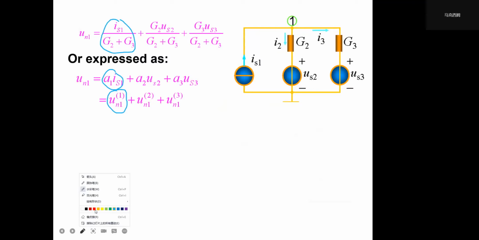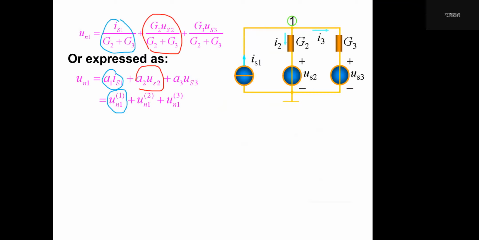And the second one, from the second branch, we give it a name UN1 2. And the third one, from the third branch, we give it a name UN1 3. Look, there are three sources, IS1, US2, US3.